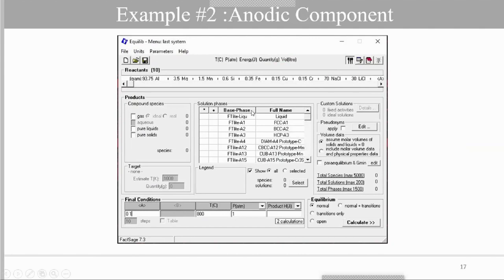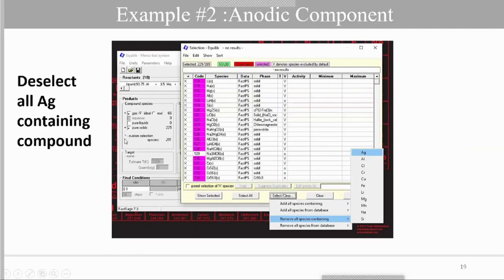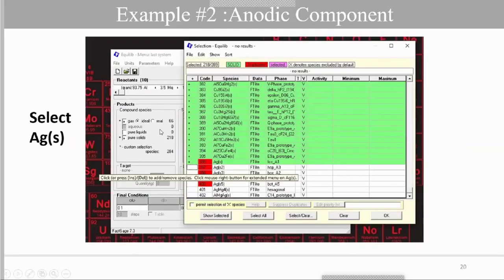We need to do the phase selection for this. This is a phase selection that is a bit more complicated because silver is not really in our system. So we need to simulate the fact that it's not in our system by deselecting all the silver compounds in the gas phase and in the solid phase too. But in the solid phase, what we're going to keep is solid silver.